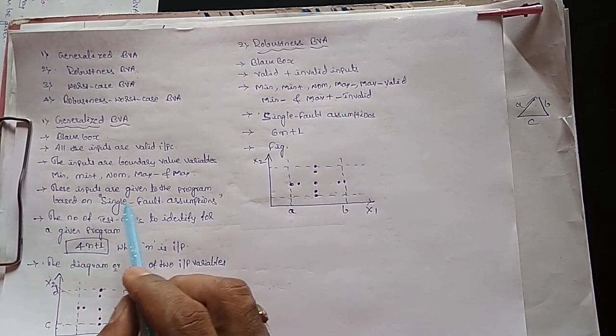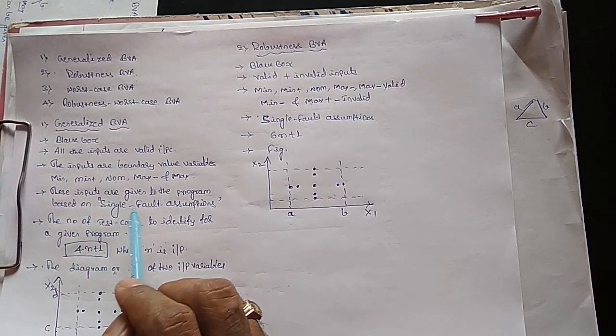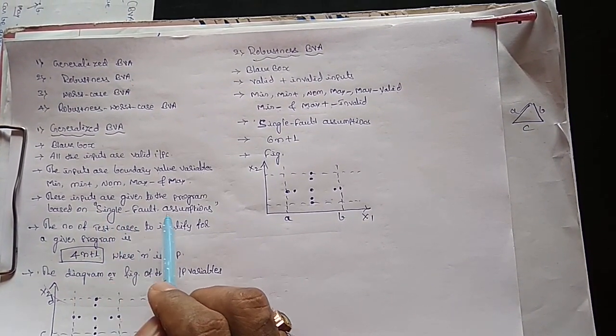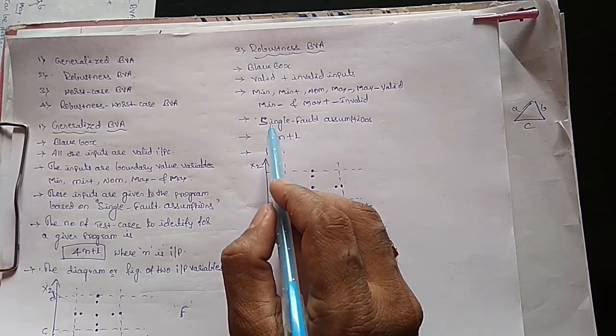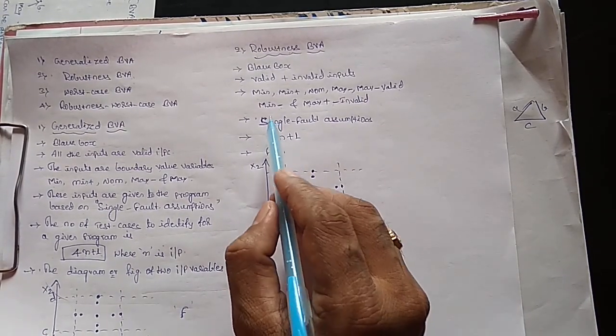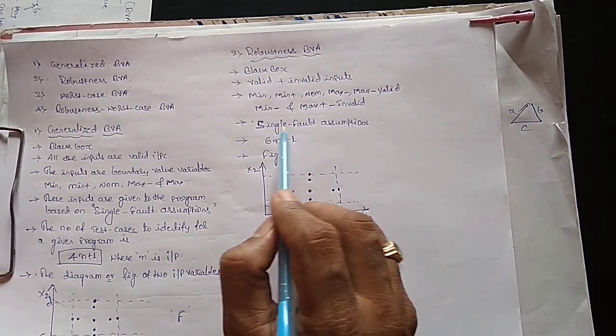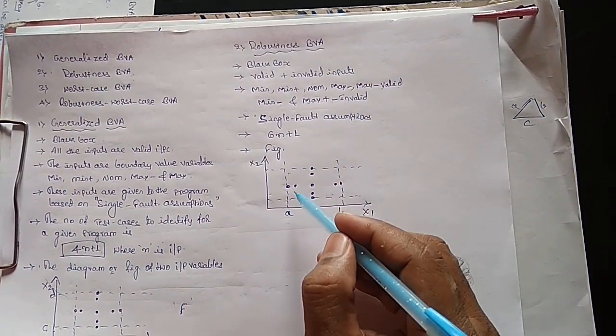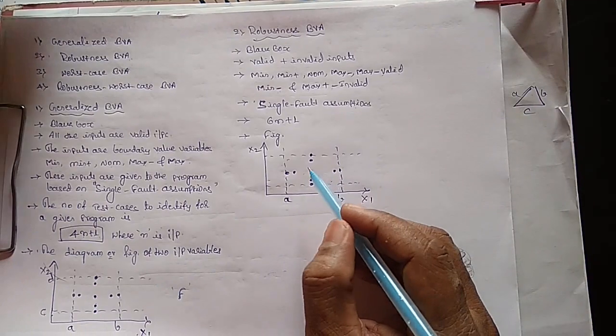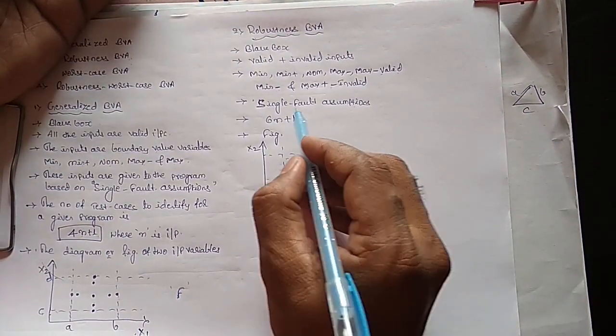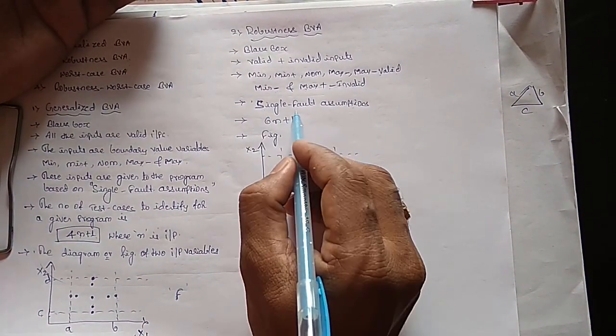As I told you in the generalized boundary value analysis method, the input combinations are given to the program based on the single fault assumption. Here also we will use the single fault assumption technique to specify the different sets of input parameter lists for a given program. Once again I'll repeat what is meant by single fault assumption.